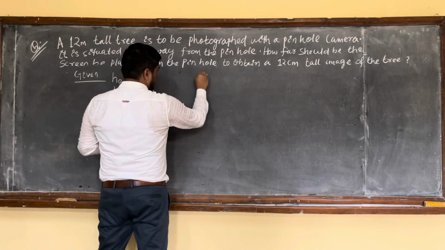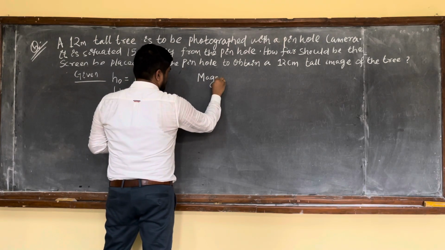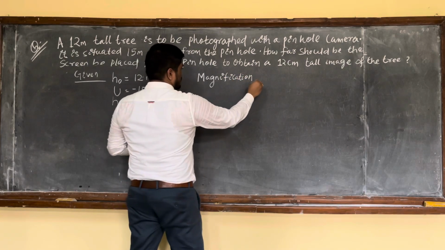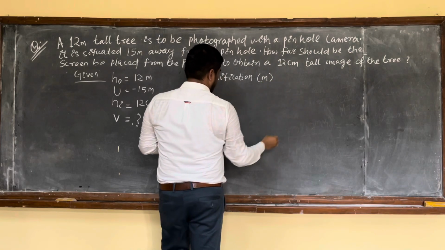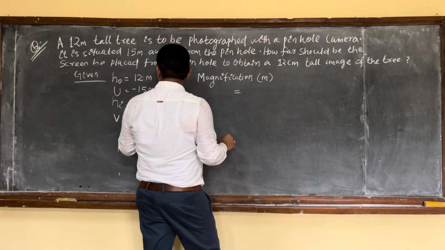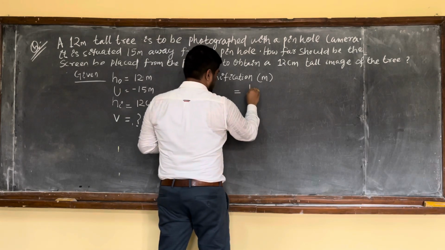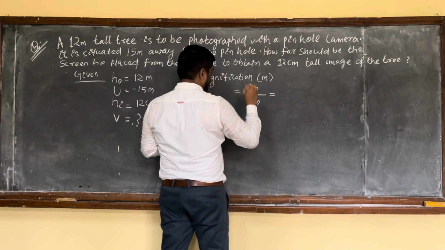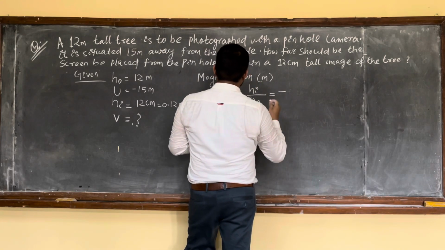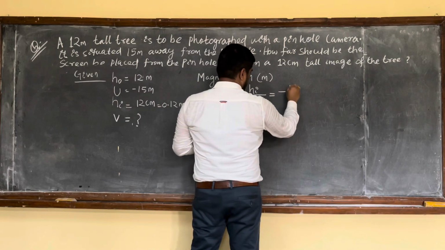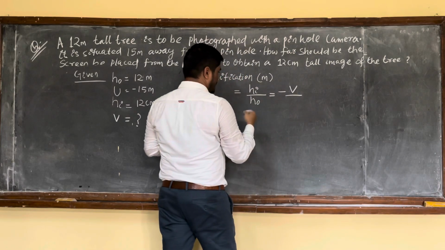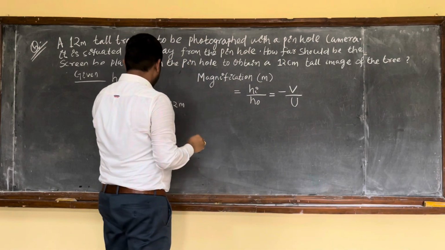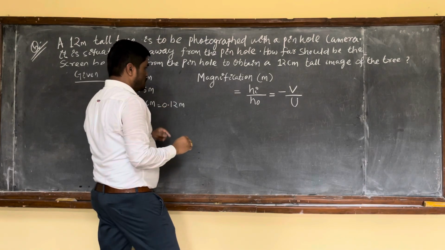And you have to use the formula of magnification. The formula is M equals height of image HI divided by HO, that is equals to minus image distance V divided by the object distance U. And here the height of image is given 0.12 meter.